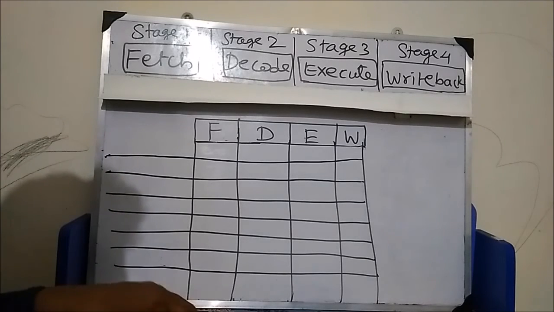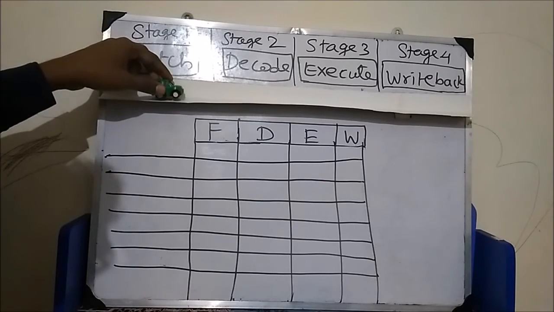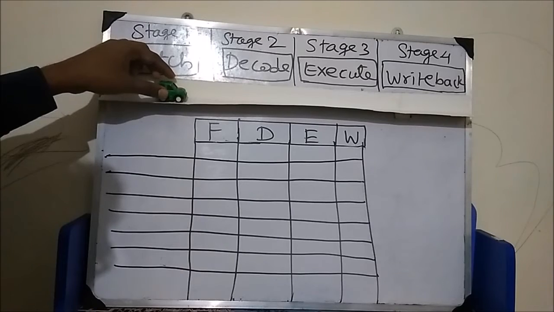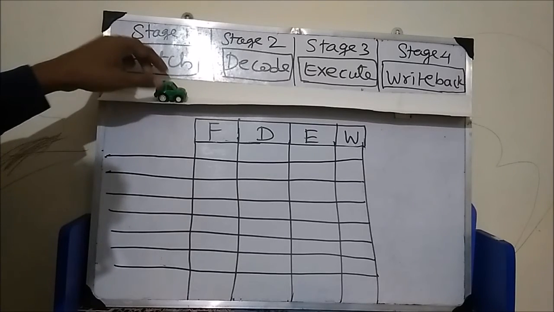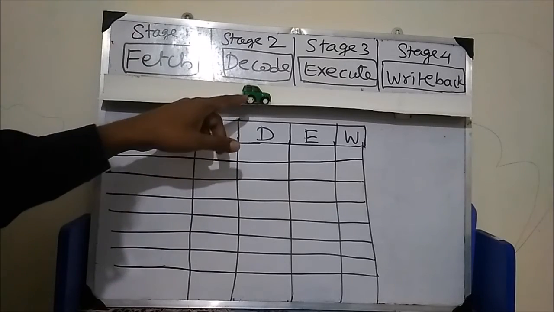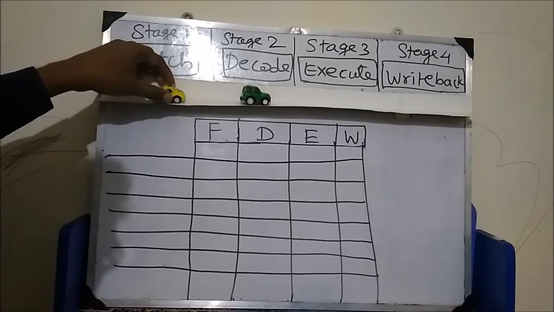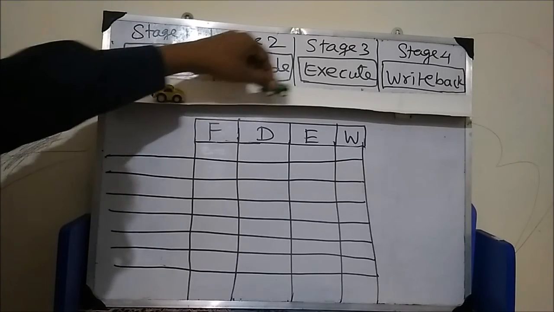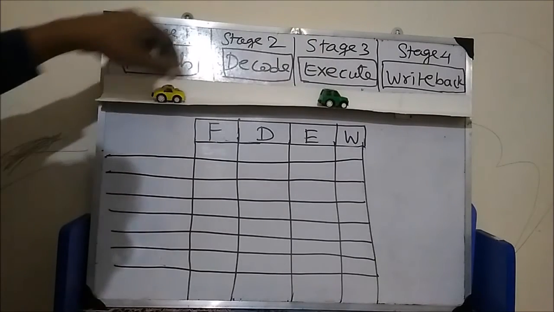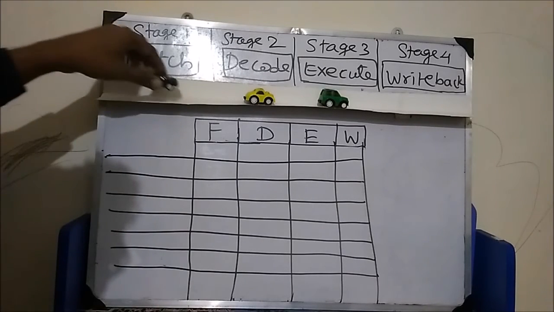Now let's assume each car is an instruction. When the first instruction moves from the fetch stage to the second stage, the decode stage, instruction 2 comes to the fetch stage. When instruction 1 moves to execute, instruction 2 goes to decode, then instruction 3 goes to fetch.